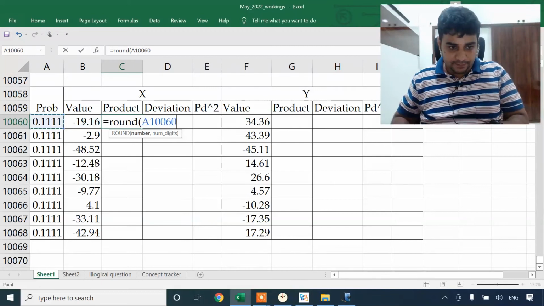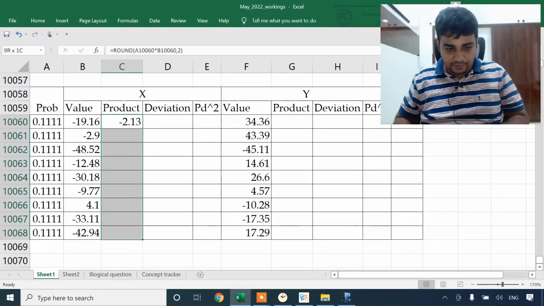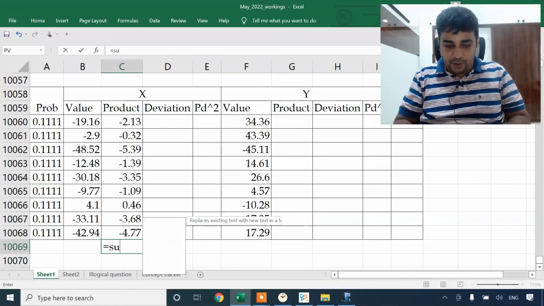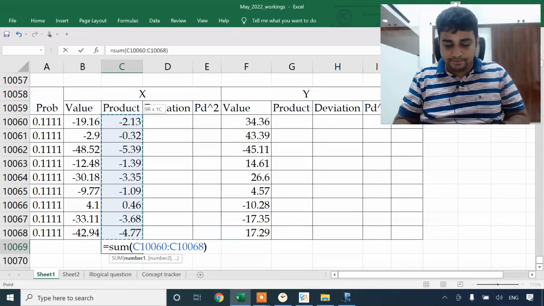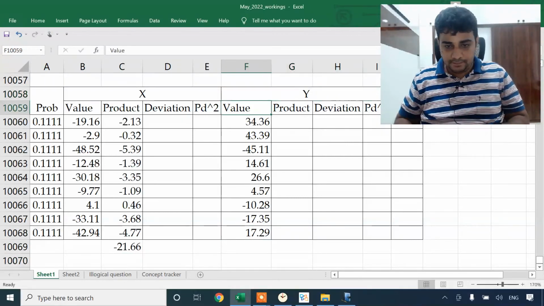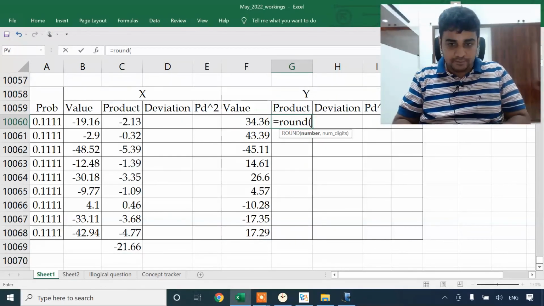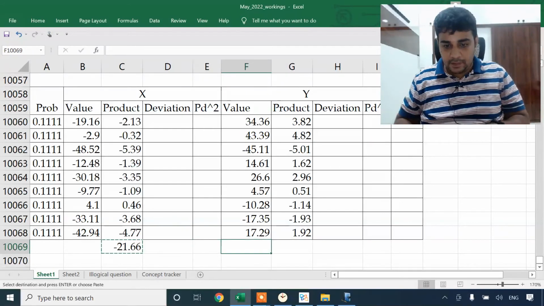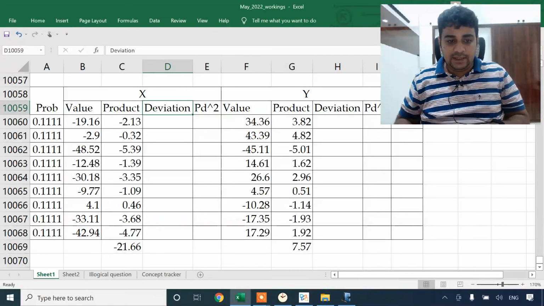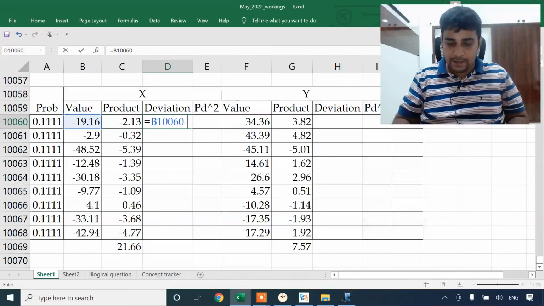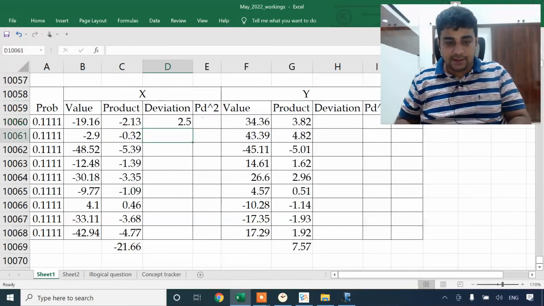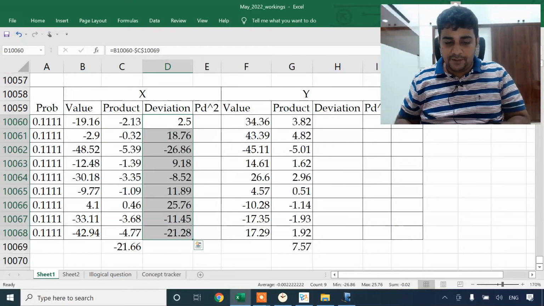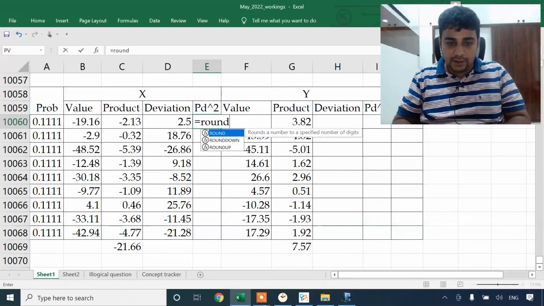Product deviation, x minus x bar. We have done all of this in the portfolio chapter.